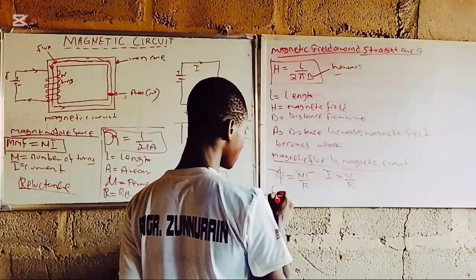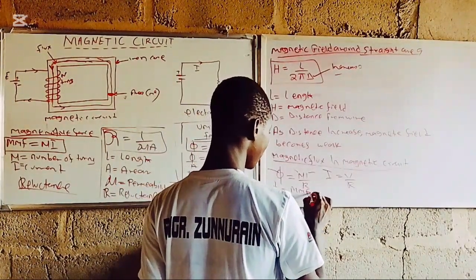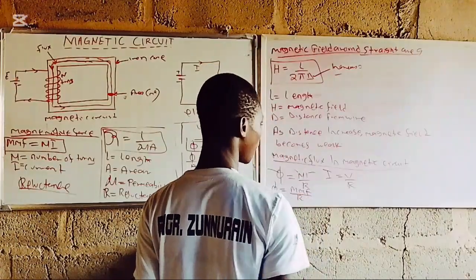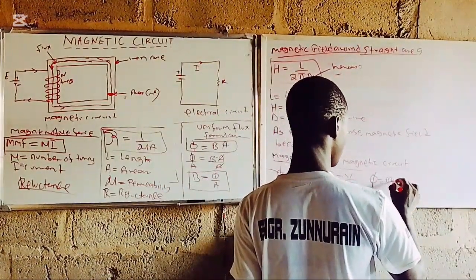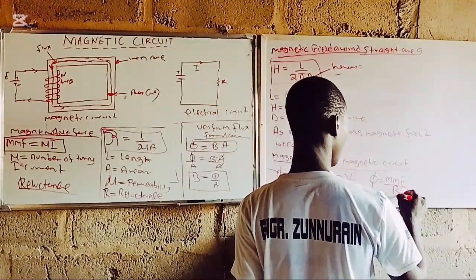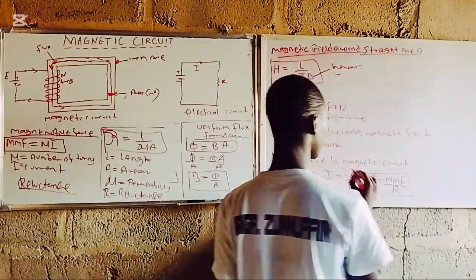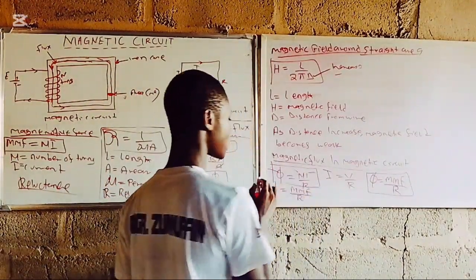So I can rewrite this as magnetic flux equals MMF over R. So this is another new relation, as well as this.